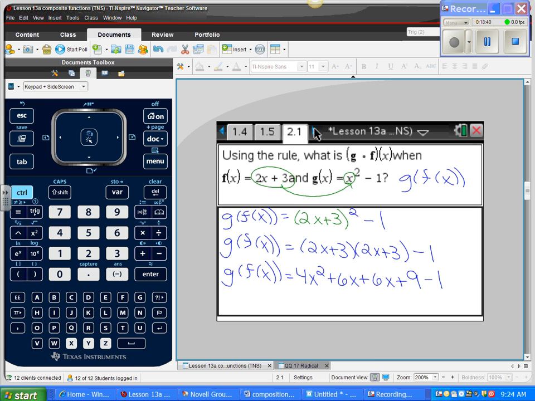So all I did was I FOILed, right? So g of f of x equals, combine my like terms, 4x squared plus 12x plus 8. Okay, and that's it. That's my composition. All right, so you have to know how to do it. Nope, we don't need to factor it. You have to know how to evaluate it at a number, and you have to know how to find the actual composition as well. Okay, we're going to do lots of practice with this.